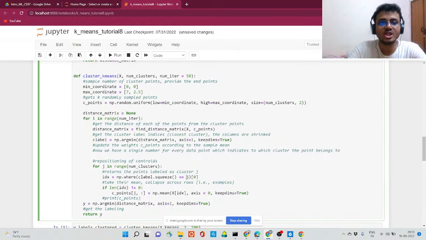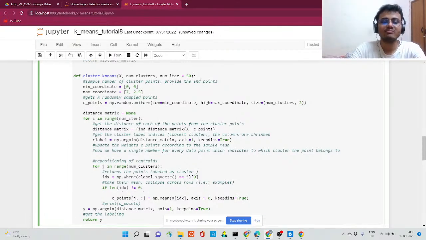So for the jth centroid, it finds all the points that are belonging to the particular cluster, and it takes the average along the vertical axis. Here we took along the horizontal axis, shrinking the columns. Here we shrink the rows to get the ijth component of the centroid. So this will give me the coordinates of the means of the centroids, according to the redistribution.